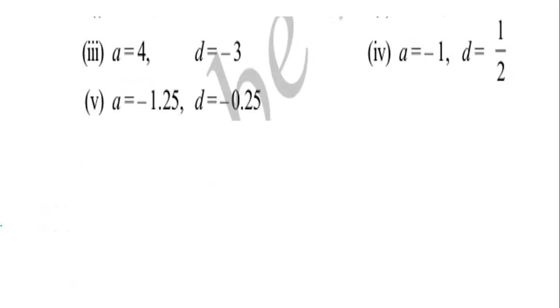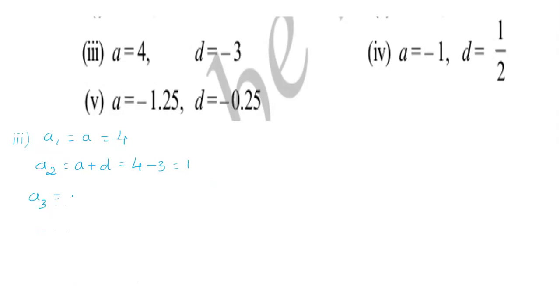Third one. A1 is equal to A, which is 4. A2 is equal to A plus D, D is minus 3, 4 minus 3 is 1.